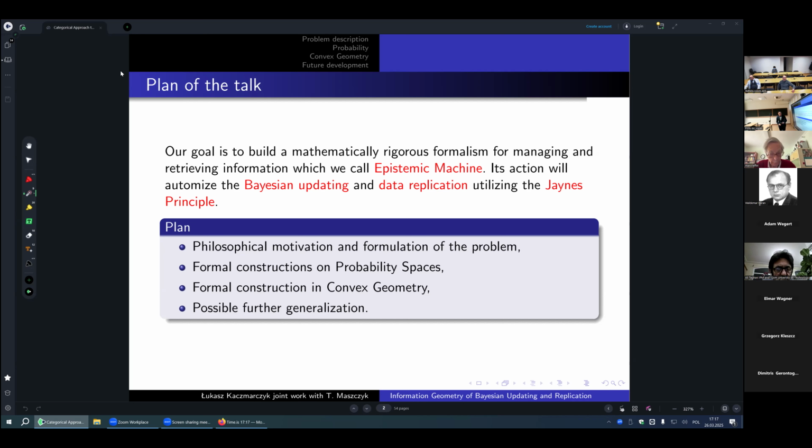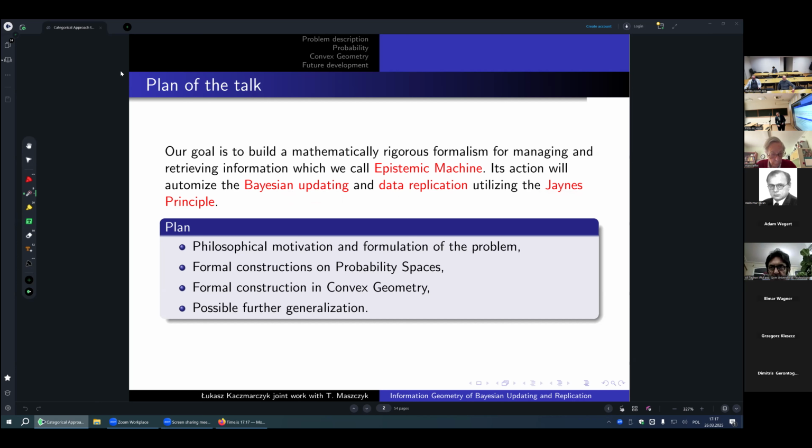It would incorporate Bayesian updating, data replication, and the synergy between the loss of information and the reproduction of it, which will be due to Jaynes' principle, which is famous from statistical mechanics.